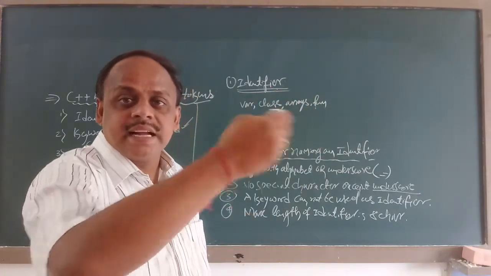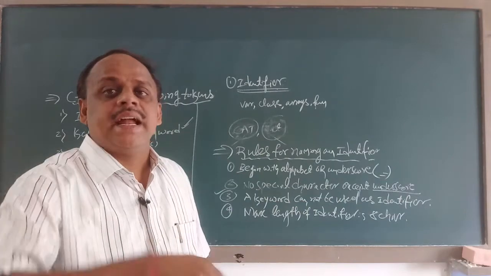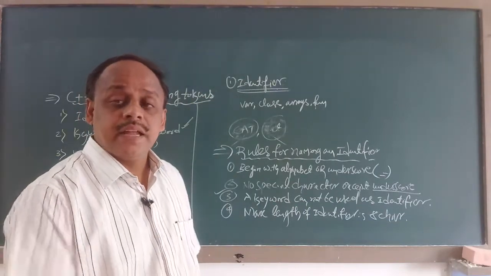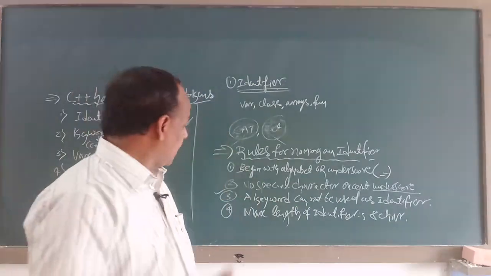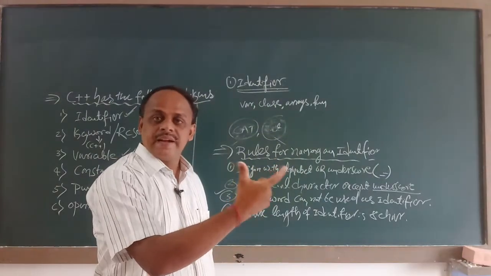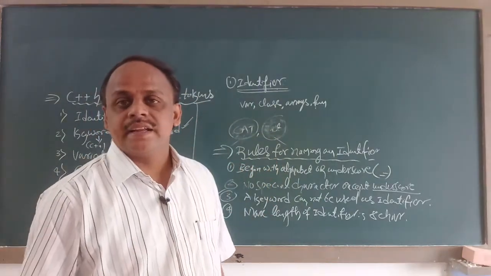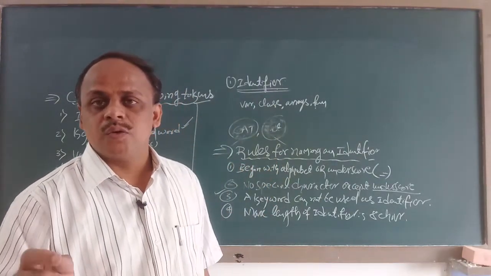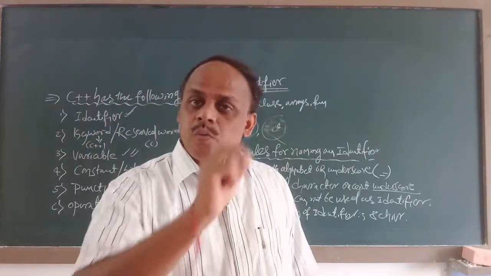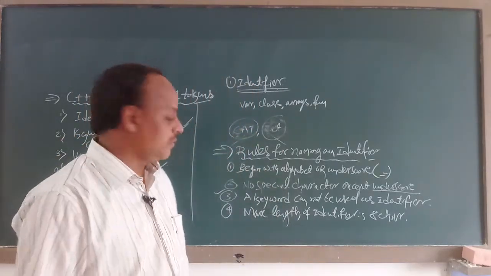From the starting it considers only the first 8 characters and that is considered as the identifier. Maximum length of the identifier is 8 characters only. This thing we have to remember while defining an identifier.